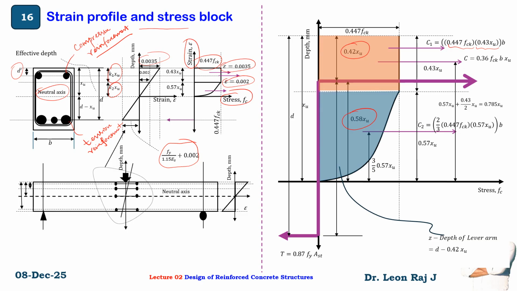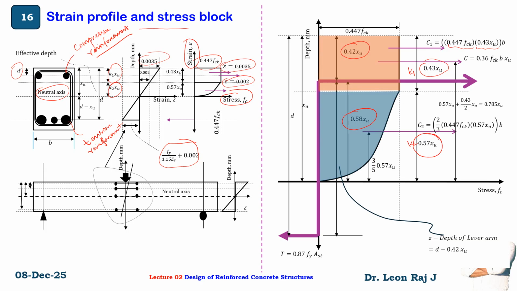So K1 is arrived as 0.43 Xu, and K2 is arrived as 0.57 Xu. So this is K1 Xu and this is K2 Xu, and here 0.447 fck, 0.43 Xu into b.